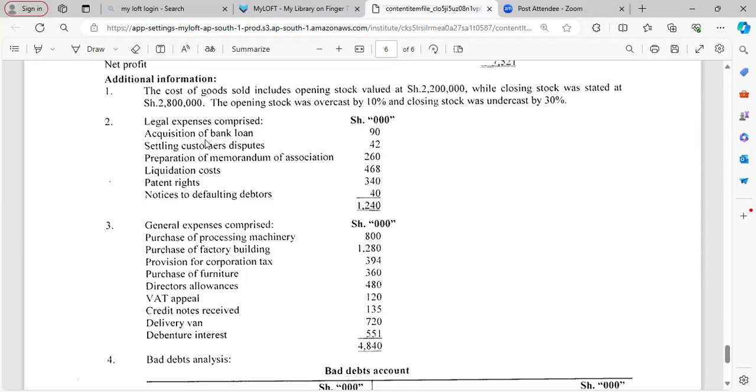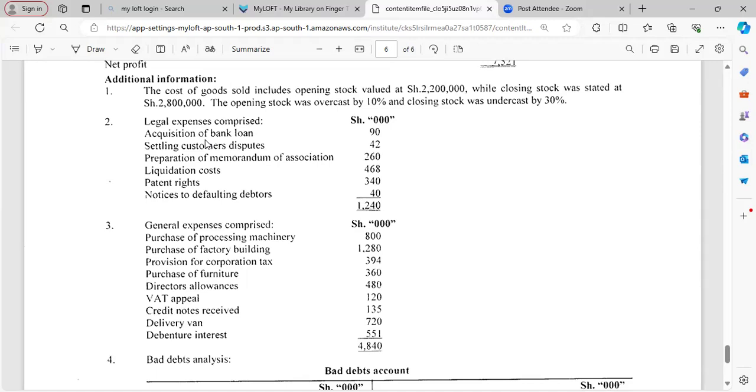Legal expenses comprised acquisition of bank loan, settling customer disputes, preparation of memorandum of association, liquidation cost, patent rights, notices to defaulting debtors.